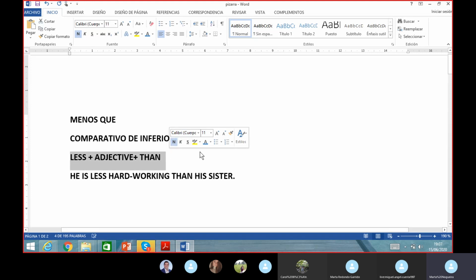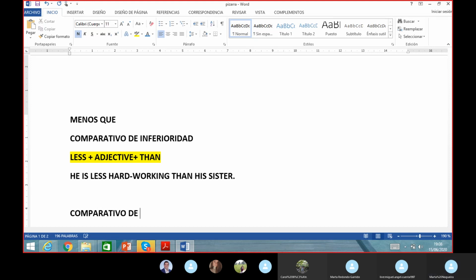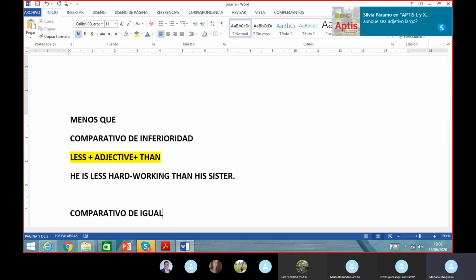Entonces, esta es la estructura, ¿vale, chicos? Simplemente esto, en cualquier adjetivo. Esto es comparativo, ¿vale? Sí, aunque sea el adjetivo largo. Yes, perfect. En cualquier adjetivo.